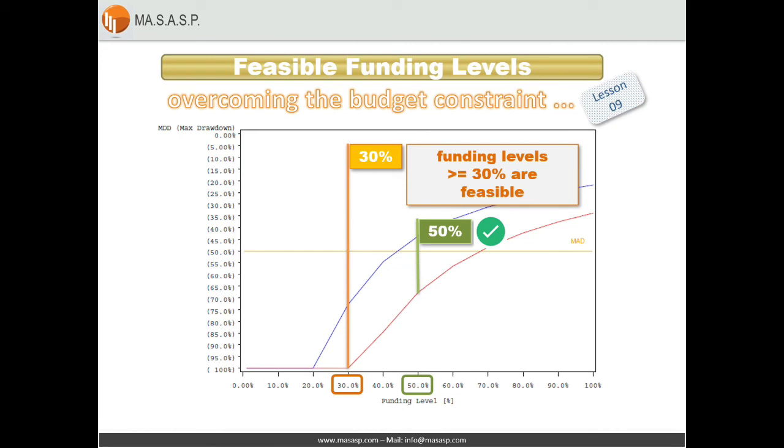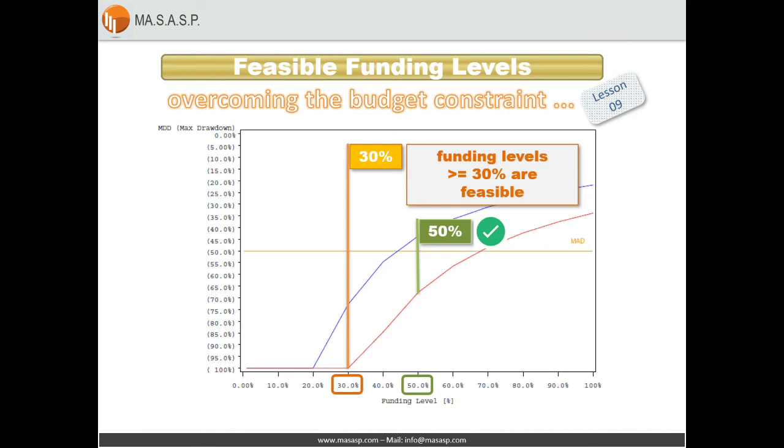The MASASP asset allocation scorecard, by default, when the budget constraint is overcome, assumes that the MASASP combination is operated with a 50% underfunding, meaning providing funds for just 50% of the face value of the positions held by the MASASP systems.